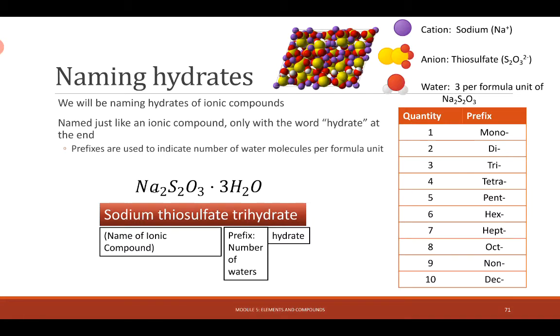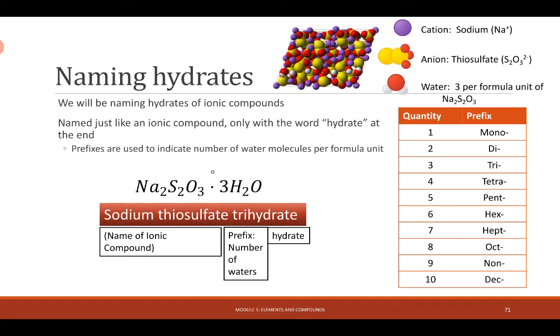So this is sodium. That's my thiosulfate ion. Sulfate is SO4 2-, and the thio prefix means that there's a sulfur substituted in for one of the oxygens, but the same charge.